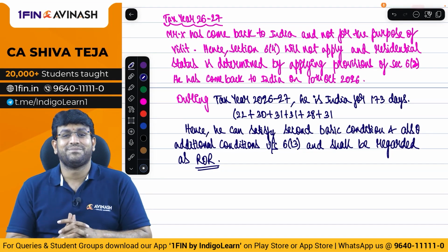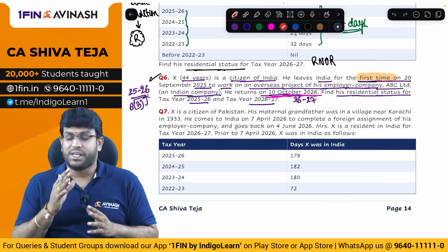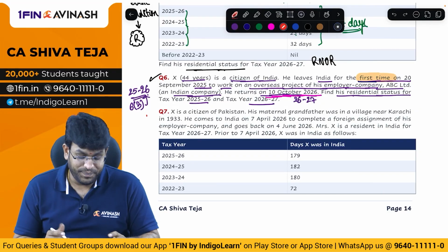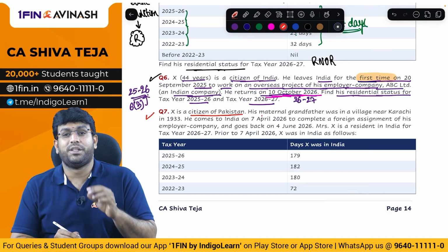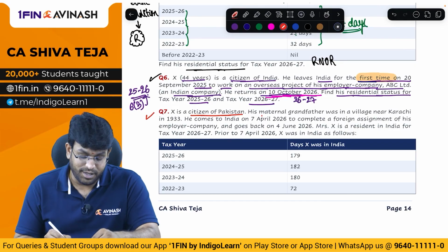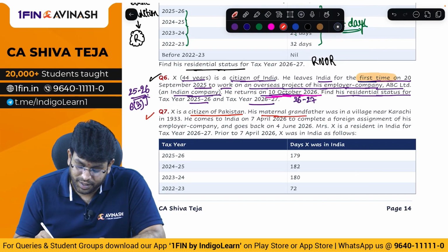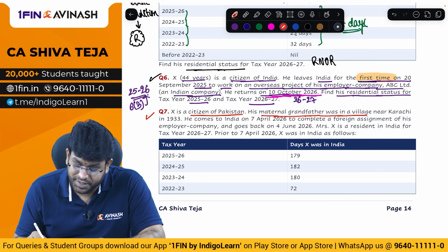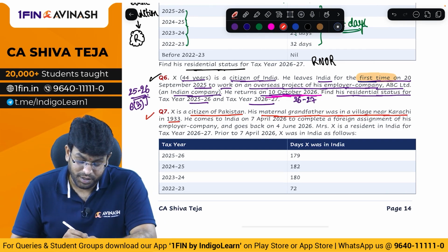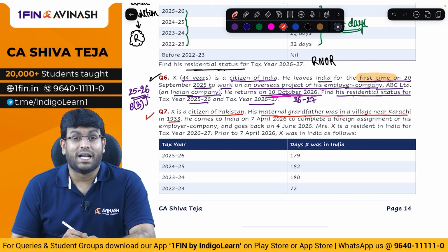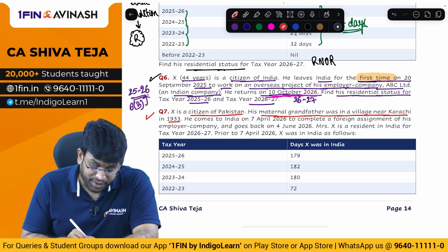Let's do that. Friends, next question, please see this. This is a very interesting question. X is a citizen of Pakistan. So in the question they told that he is not an Indian citizen. His maternal grandfather was in a village near Karachi in 1933. That means his maternal grandfather was born in undivided India.